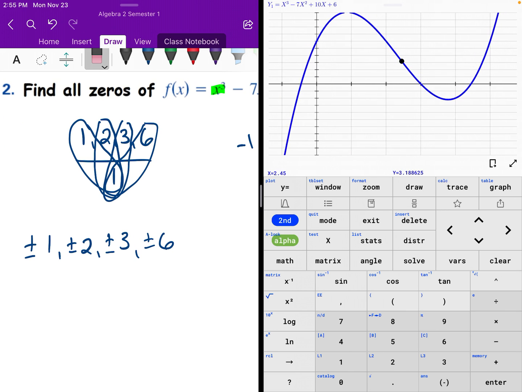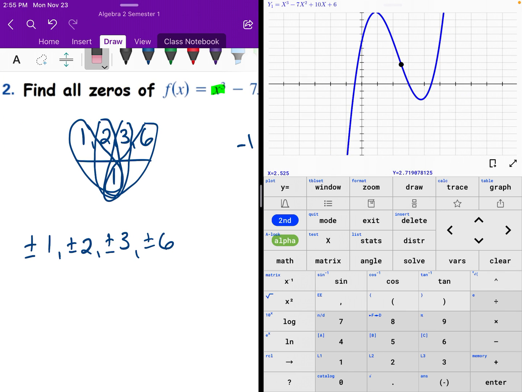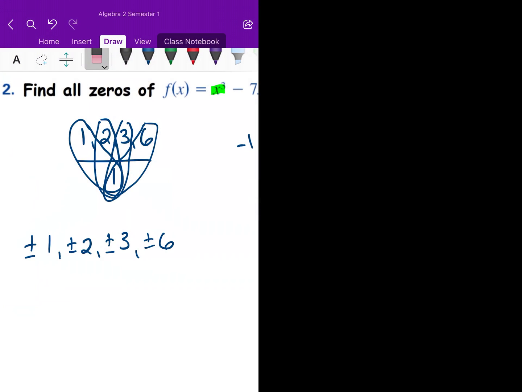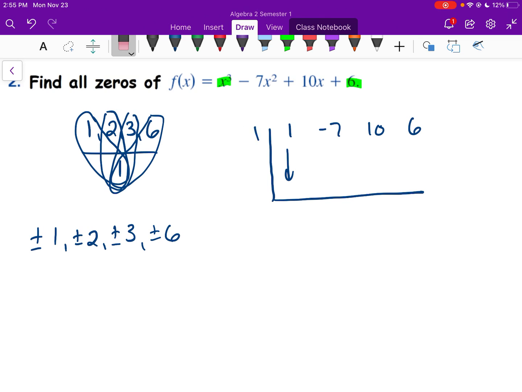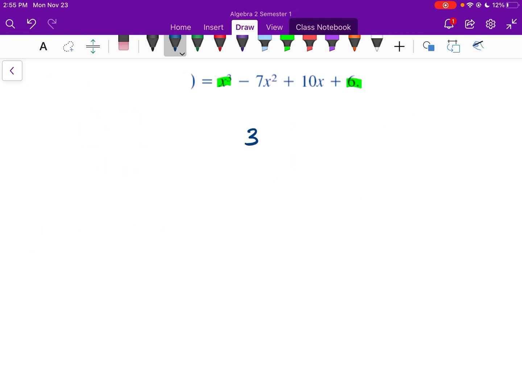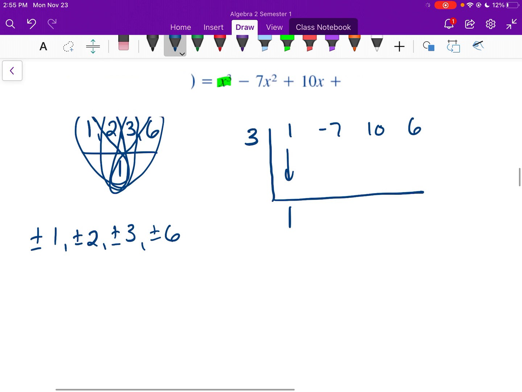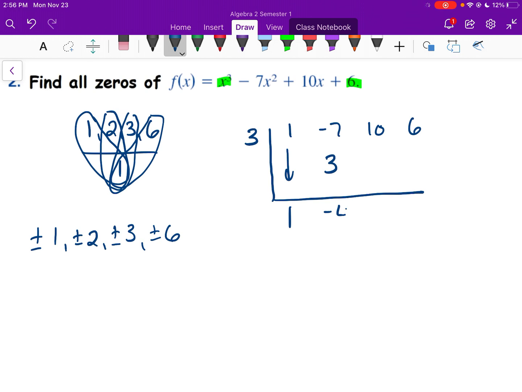Okay, when I look at the graph now, I see that it looks like it goes through 3. So if we were to use 3 in this, 1, and then we're going to multiply, add, multiply, add, multiply, add.